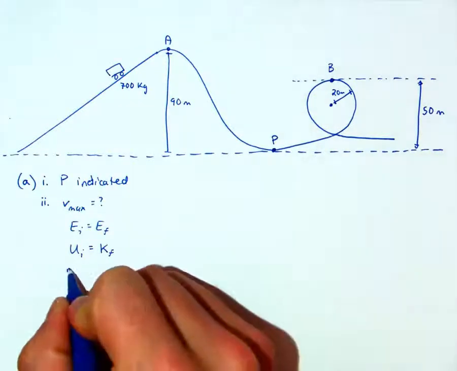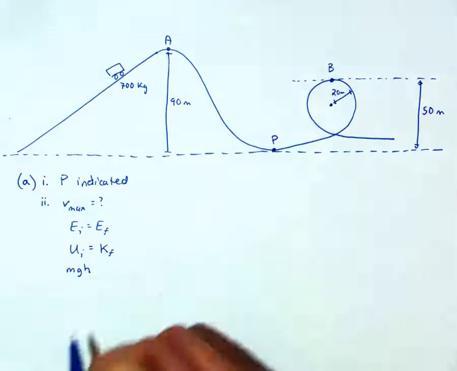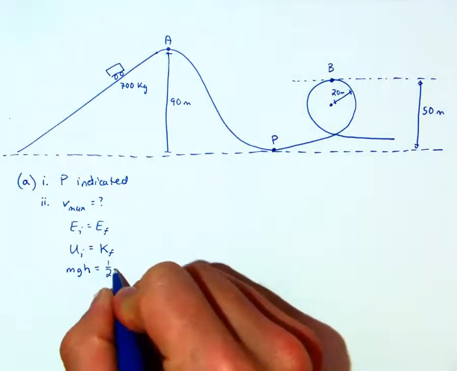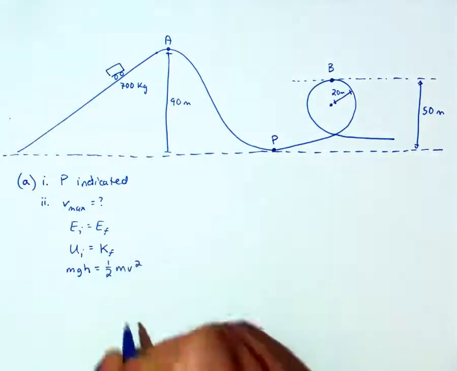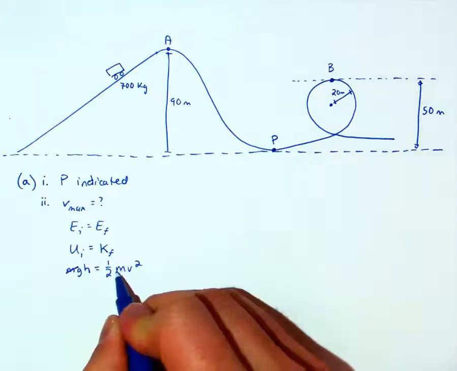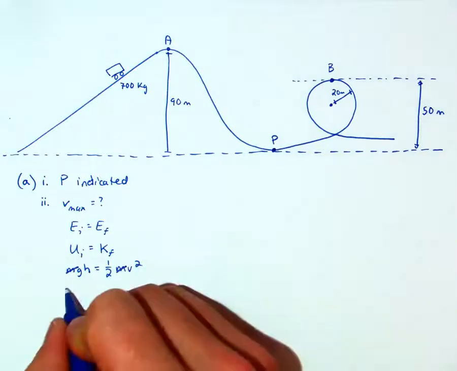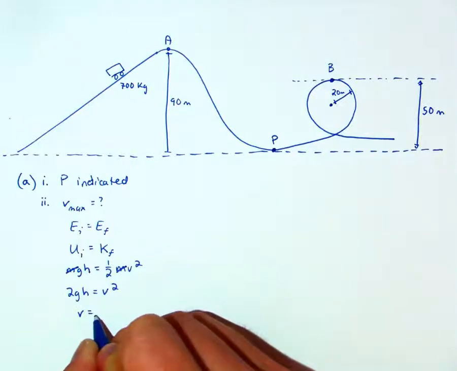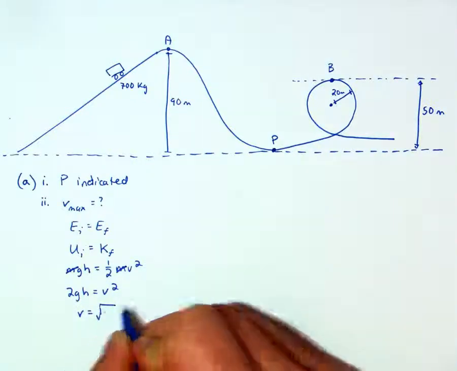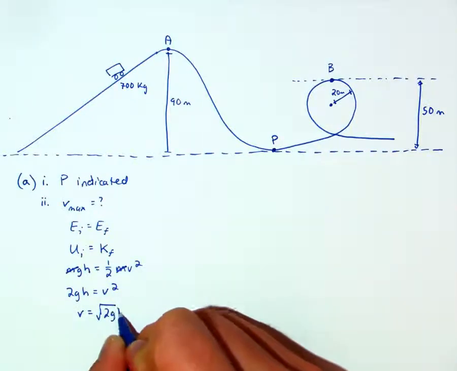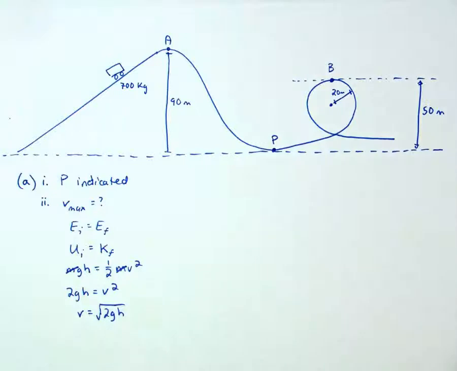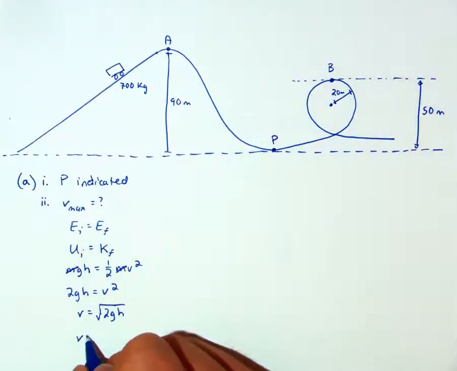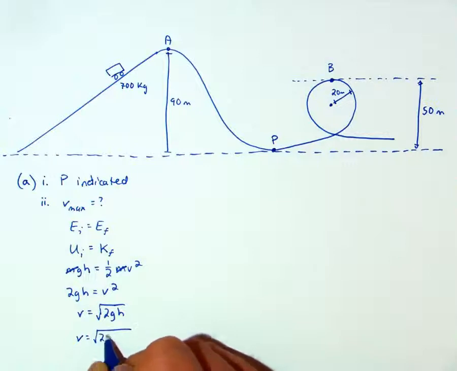If we remember, mass times gravity times height gives us 1/2 mv squared. When we solve through, we see that the masses will cancel out, and we get 2gh equals v squared, which means our velocity is just going to be the square root of 2gh. A simple substitution of our values into this equation gives us the velocity is going to be the square root of twice the gravity.